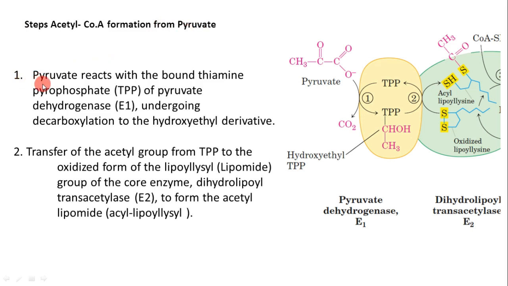First step, pyruvate reacts with the bound thiamine pyrophosphate of pyruvate dehydrogenase or enzyme 1, undergoing decarboxylation to a hydroxyethyl derivative. Here, in the picture you can see, this is the pyruvic acid, CH3COCOOH.